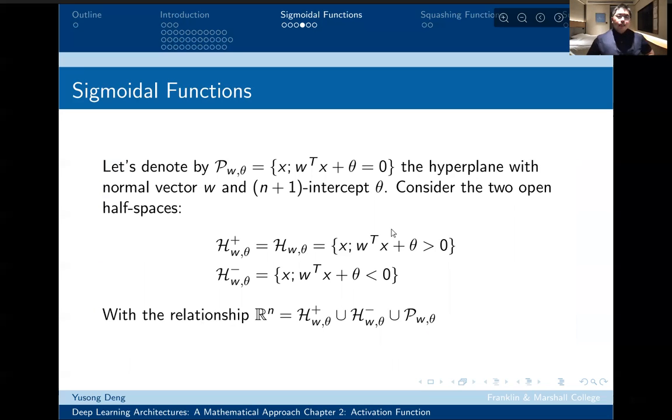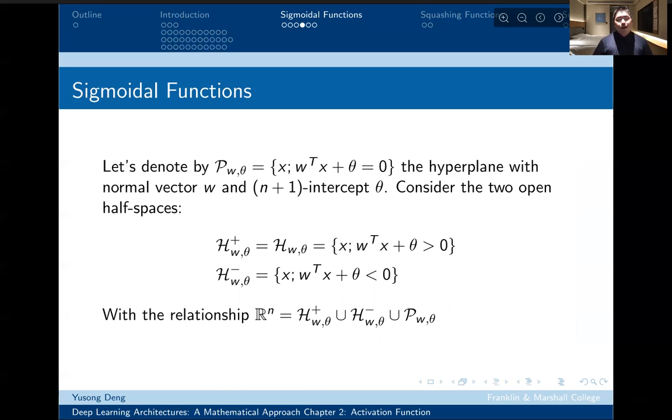Let me talk about two really interesting things. One is called the hyperplane, and the other is called open half spaces. I don't know where this terminology is typically introduced in mathematics, but I first learned those two things in convex optimization.